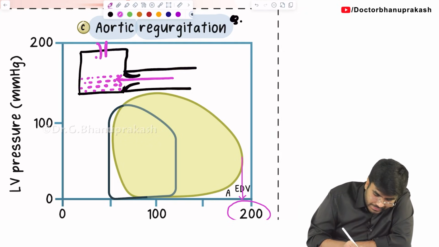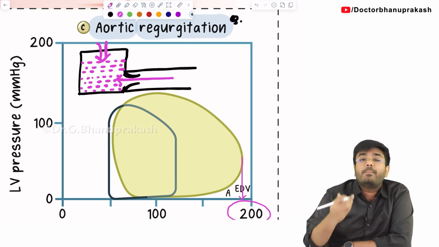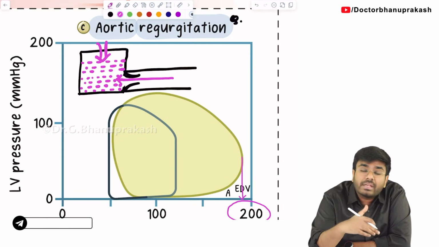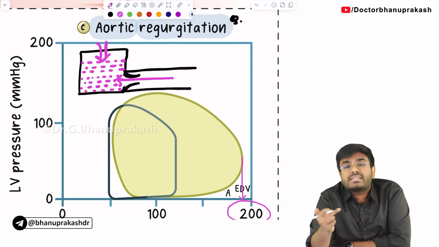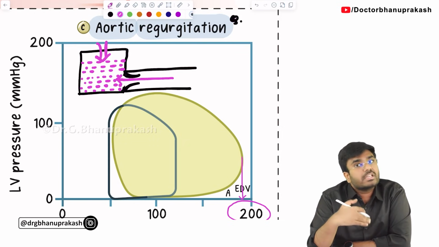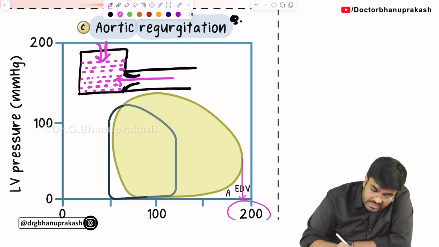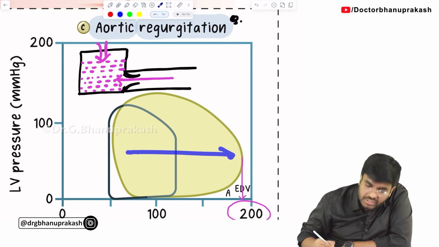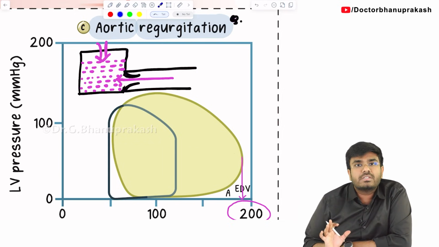From the atria blood is coming as usual and will be filled, but there is extra filling from the regurgitant blood coming from the aorta. So end-diastolic volume increased. So one side extension, especially right side extension, means aortic regurgitation.